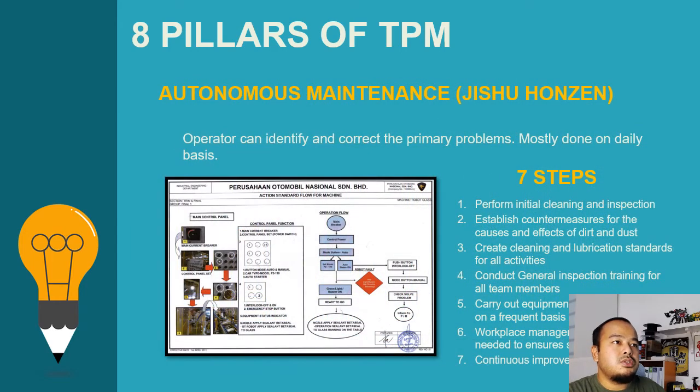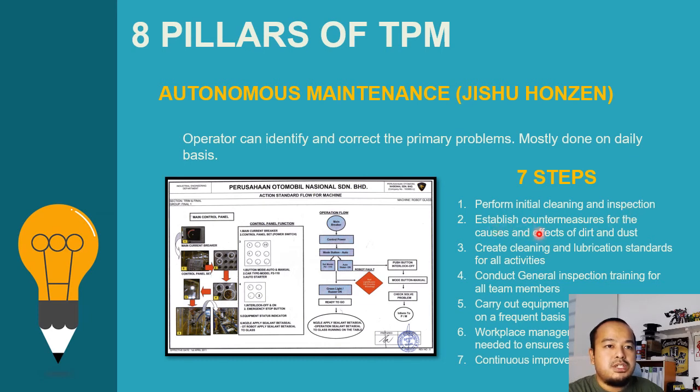Autonomous maintenance, or in Japan Jishu Hozen, means the operator can identify and correct primary problems, mostly done on a daily basis. There are 7 steps to perform autonomous maintenance. First, perform initial cleaning and inspection.